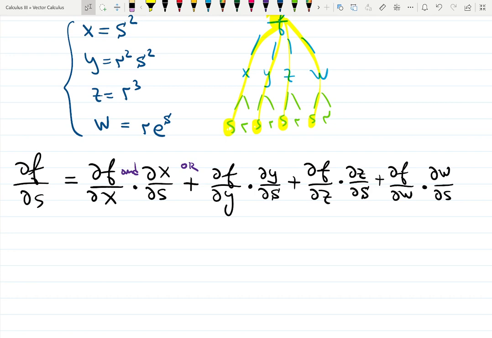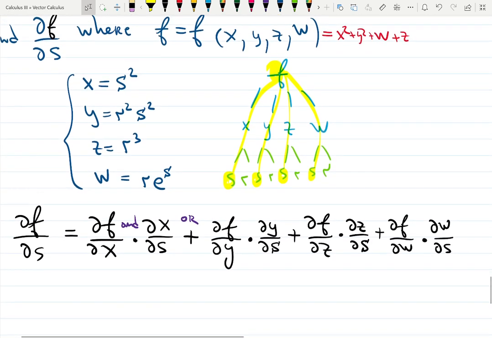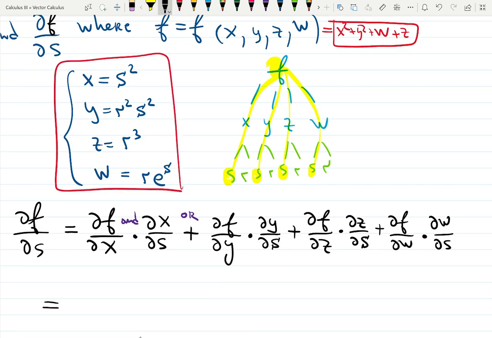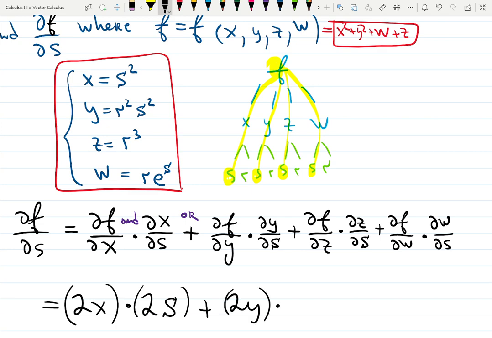Now you actually do the partial derivatives, carefully looking at what you need. This is the function f, and this is the box for all of these variables. Derivative of f with respect to x is 2x times x with respect to s. Looking at the first equation, that's 2s. Plus derivative of f with respect to y, that's 2y times derivative of y with respect to s. Rs squared gives you r squared times 2s.